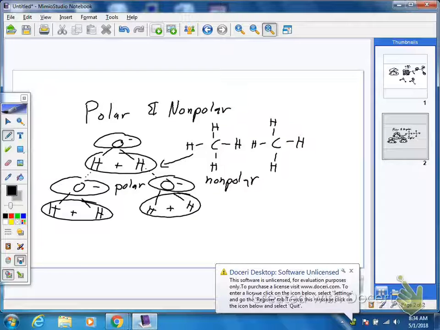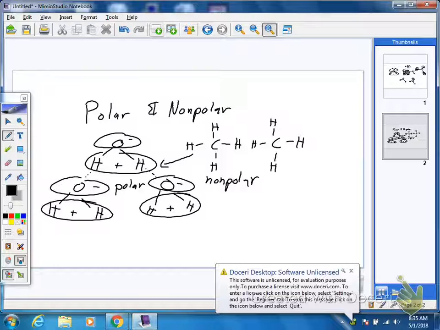If it conducted electricity, we said it was ionic. If it didn't conduct electricity, we said it was polar. Does that make sense? That's what you had to write up: the reasons why this particular substance is this way. We're going to go over some things with electrolytes in a second.